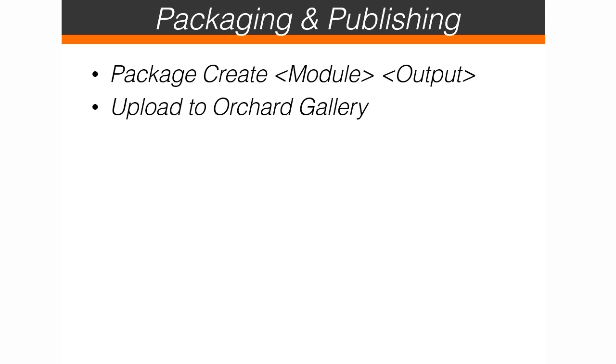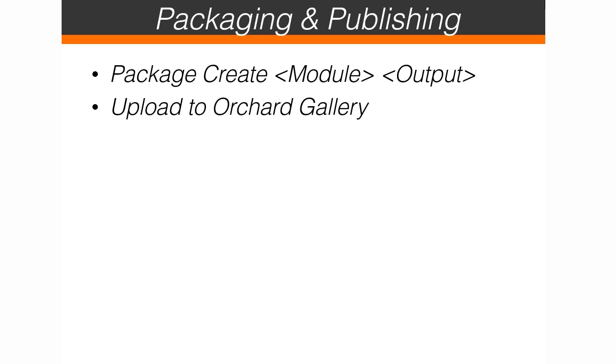So you have your module, you have your unit tests, and at some point, if it's meant to be reused by others, you want to create a package and upload it to the gallery. So in Orchard, we have a package create command, which makes it really simple to turn your module into a NuGet package.